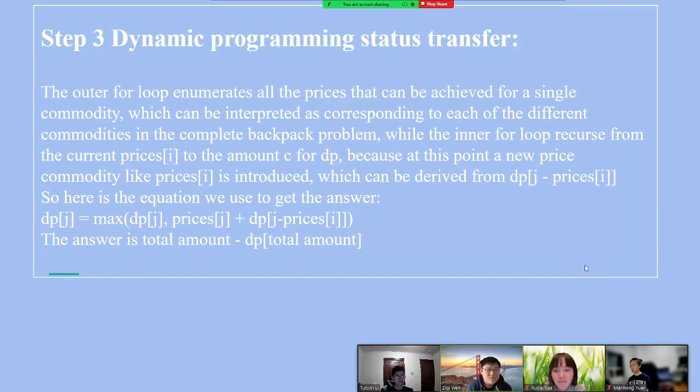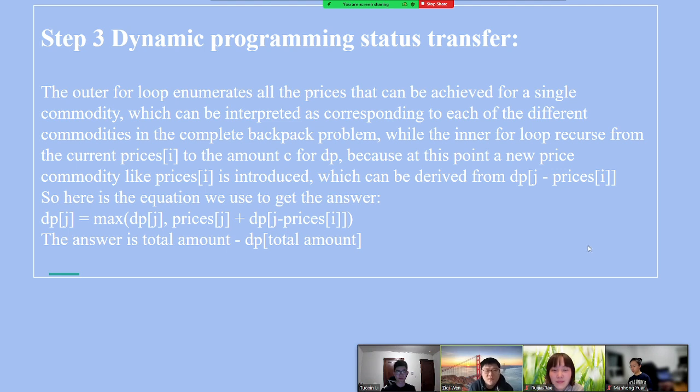For step 3, the dynamic programming state transfer, we use two loops. The outer loop enumerates all the prices that can be achieved for a single commodity, which can be interpreted as corresponding to each of the different commodities in the complete backpack problem.